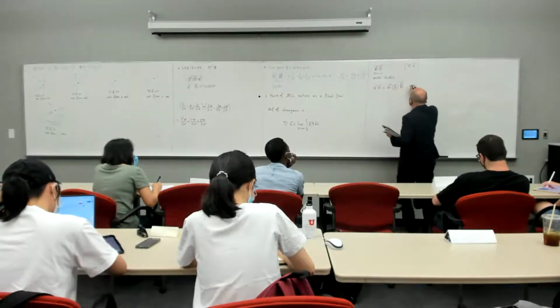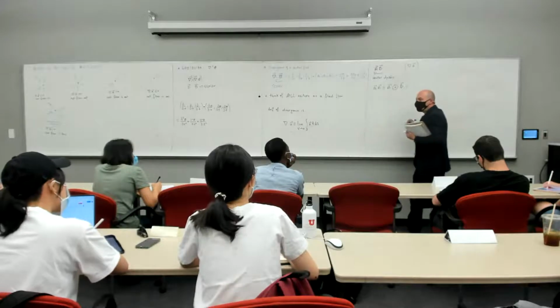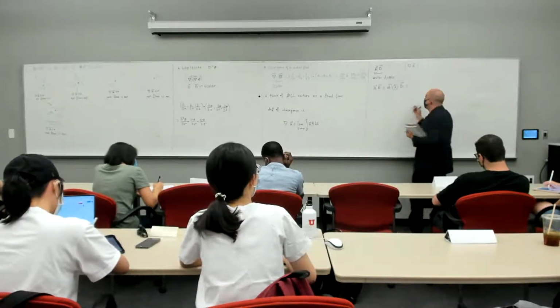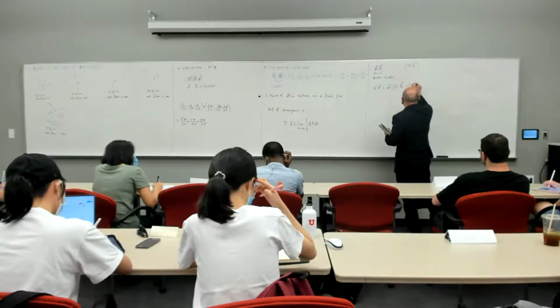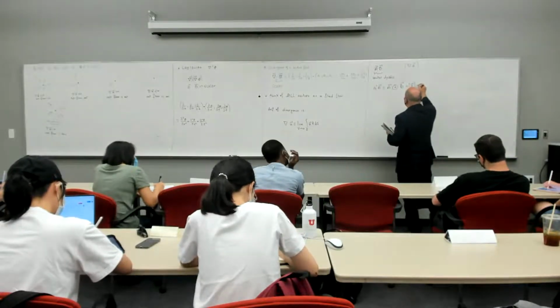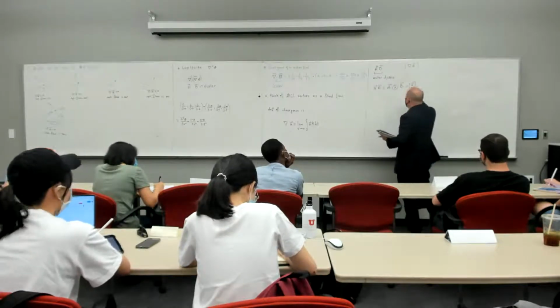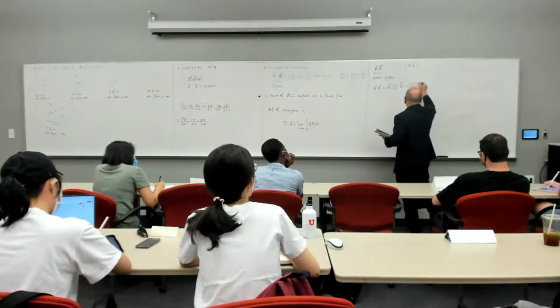Now I want to convert this to matrix algebra because we know how to multiply matrices with each other. So I'm going to write this as the matrix A, which is just a column vector, really, times the transpose.